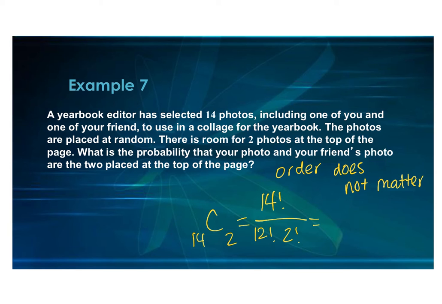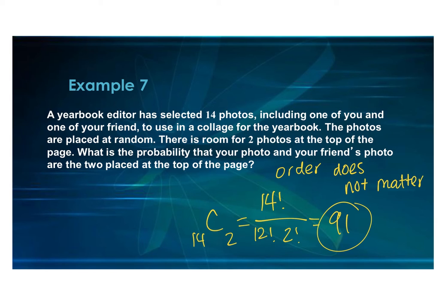Did you guys get 91? Perfect. 91 combinations. You could also do 14 times 13 and then divide it by 2. That'll also give you 91. Because we know that after 14, 12 factorial and beyond is going to cancel out. So you just have 14 times 13 and then divide it by 2.